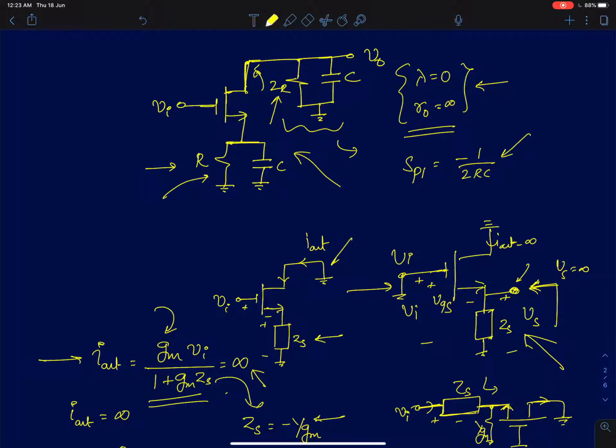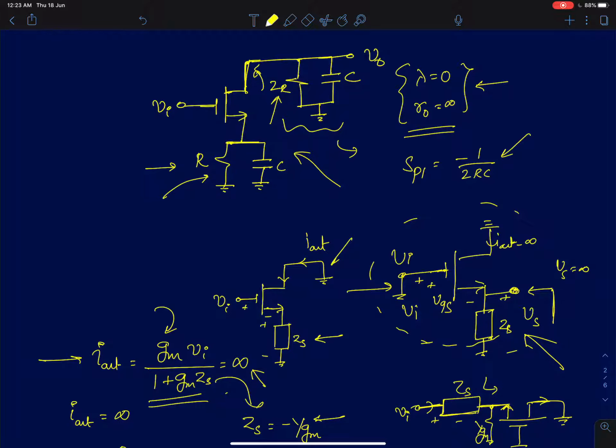So I'll apply that condition here. What I said is that we are trying to find a condition under which VS becomes equal to infinity, and that can be found by finding the net impedance seen at the source terminal. Again, I can represent this entire MOS amplifier by its Thevenin equivalent, or by a transconductance amplifier model.